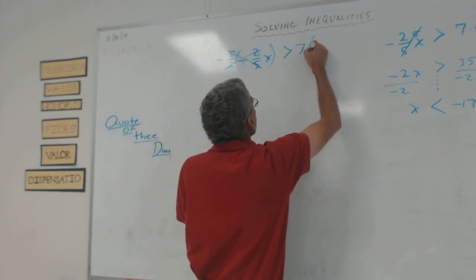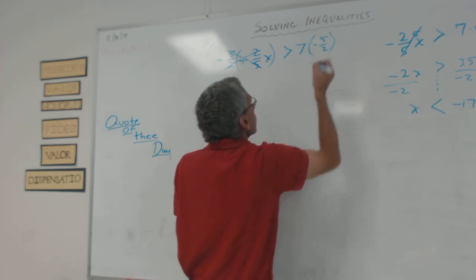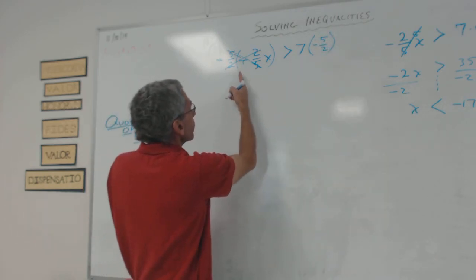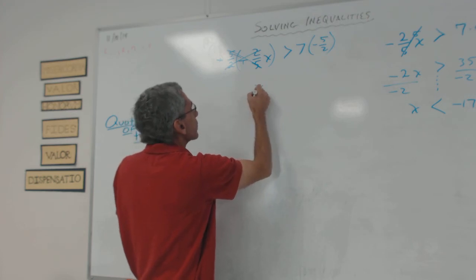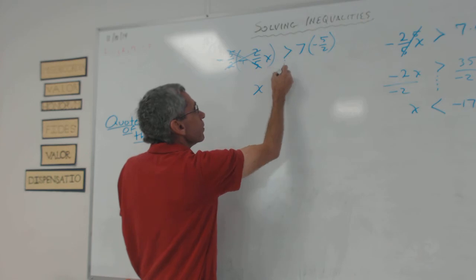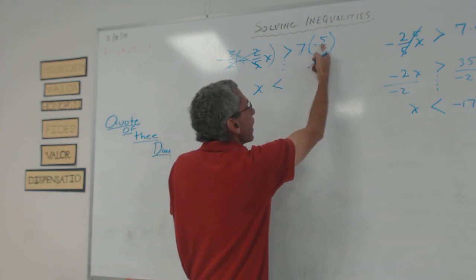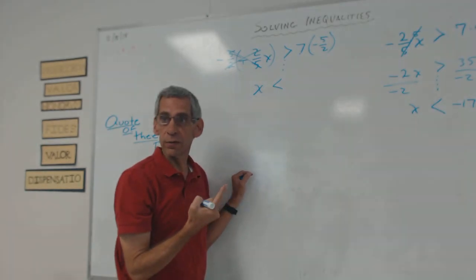Now I multiplied by a negative, so x is now less than 7 times negative 5, which is negative 35.